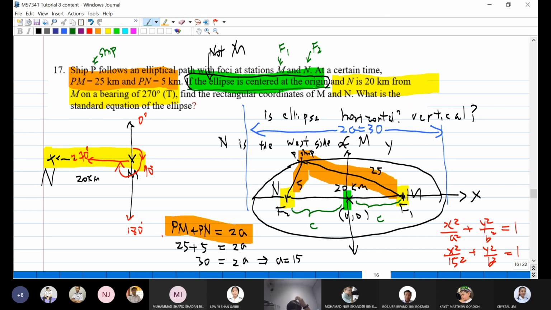The distance between M and N is 20, which is 2C here. So C is equal to 10.